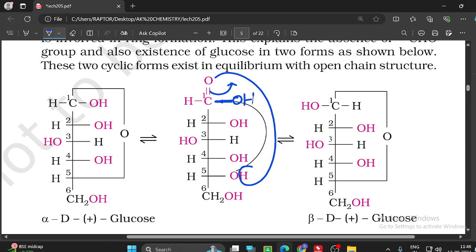It becomes OH, right? This oxygen combined with hydrogen, and then on the 5th carbon we have a free oxygen. That free oxygen is mentioned on the right hand side. This OH I have written. This bond is called the glycosidic linkage. Glycosidic linkage. Right?